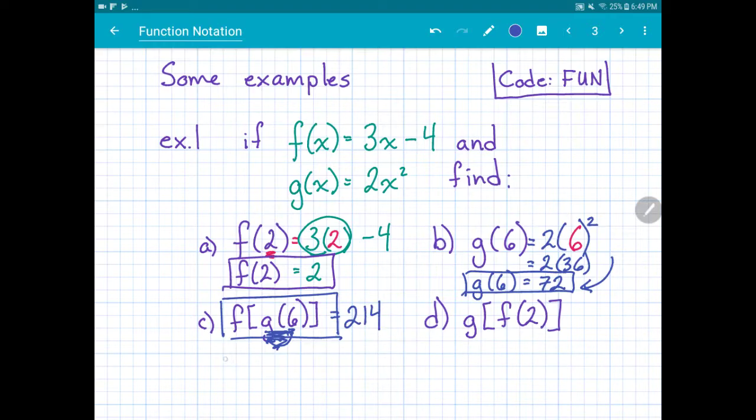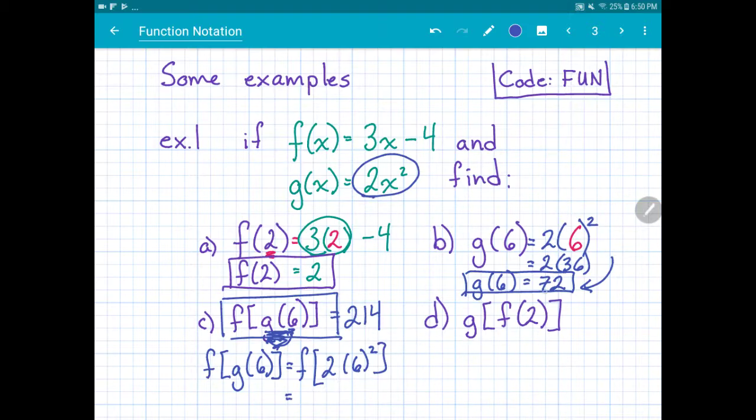Now we could have done this with algebra instead of drawing the machine, right? We know we're looking for F of G of 6. So this is F of G of 6. Well, G of 6 is governed by this rule here. So we get 2 times 6 squared.